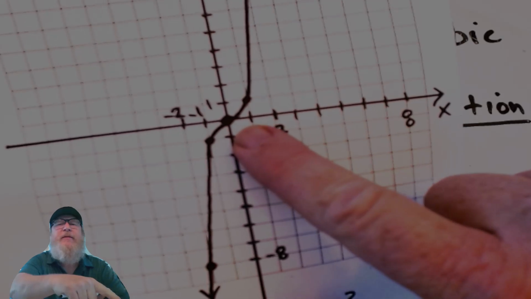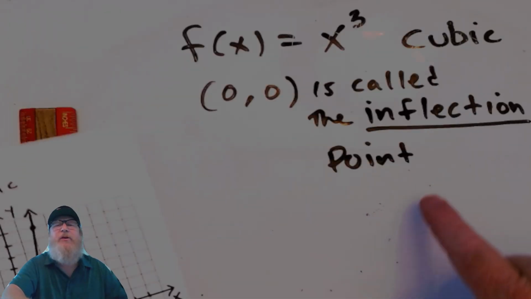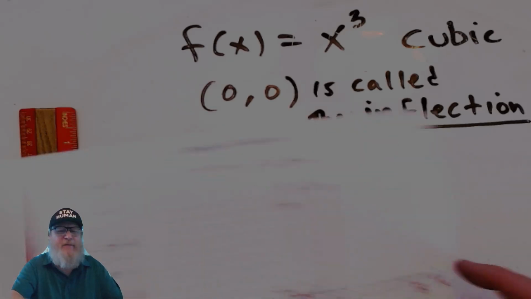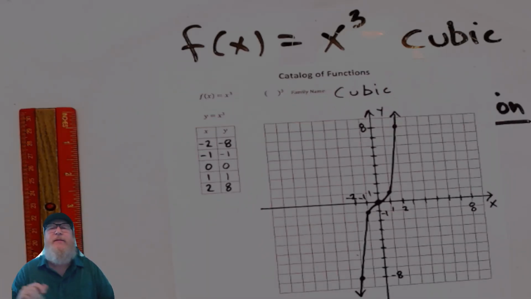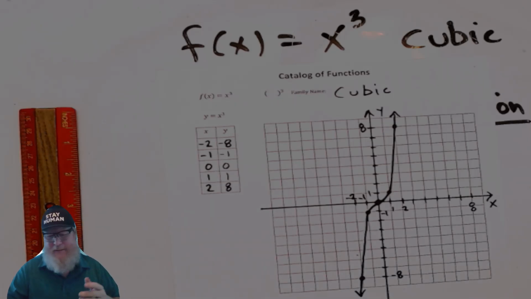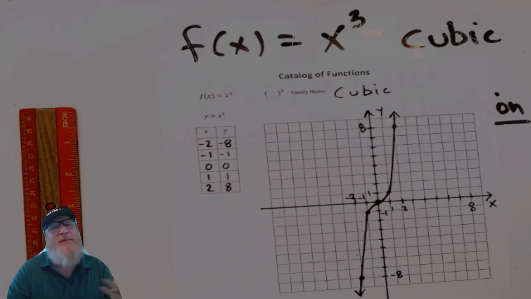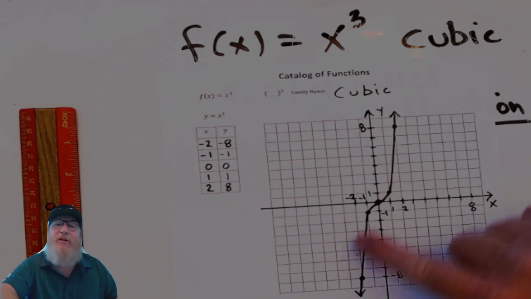So this point right here, 0, 0, is what we call inflection, or the point of inflection. The definition of an inflection point is not important today. Just, it's that thing. It's where it's bending.